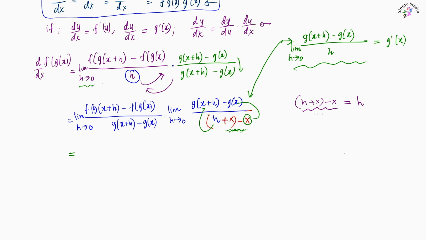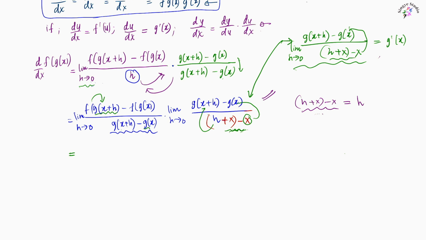So if we write it like this, there is no change to the meaning, but we can express it in terms of an input function. I wrote this because these two are equal. Now it is noticeable that g of x plus h is itself the input of this function, and g of x is the input of this function.